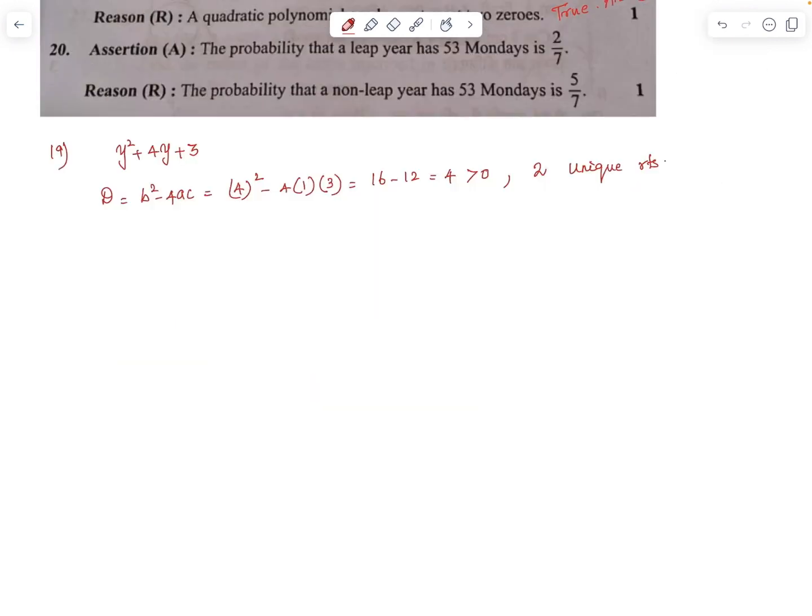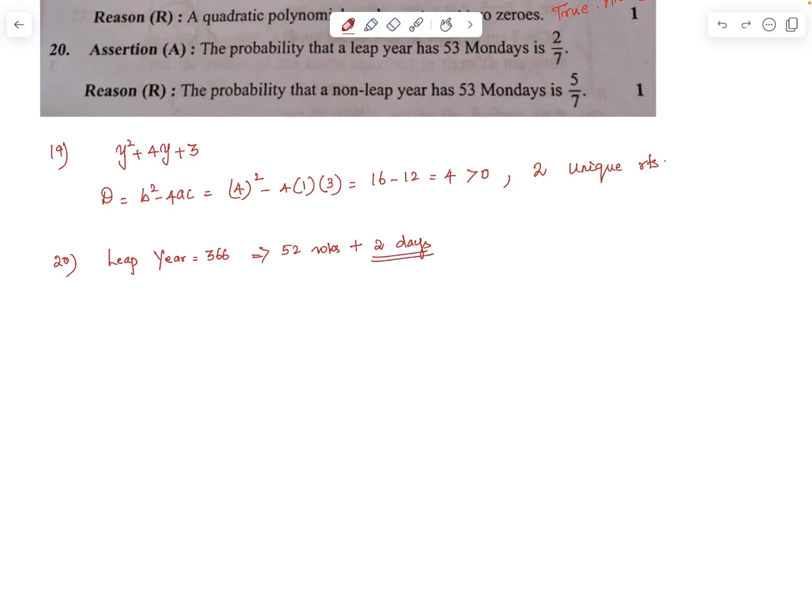Question number 20. The assertion statement says the probability that a leap year has 53 Mondays is 2 upon 7. For a leap year, the number of days is 366, that is 52 weeks and 2 days. Let's check the possibilities for these 2 days.